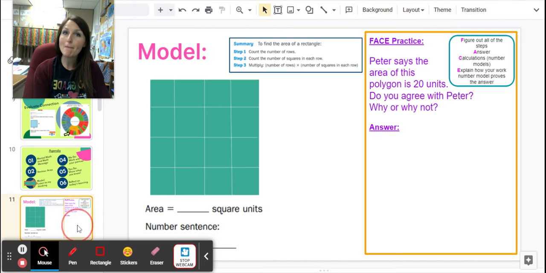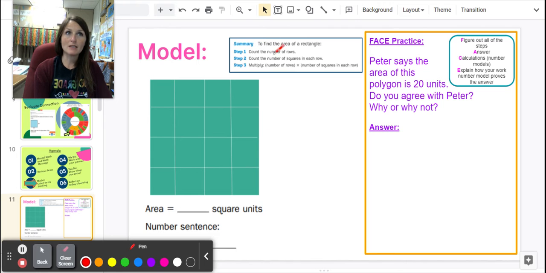So I'm going to go ahead and model my thinking. Here is a rectangle, and I am going to follow these steps to find the area. The first thing it says to do is to count the number of rows. So I've got 1, 2, 3, 4. I'm going to label that over here, and then it says to count the number of squares in each row. So 1, 2, 3, 4.